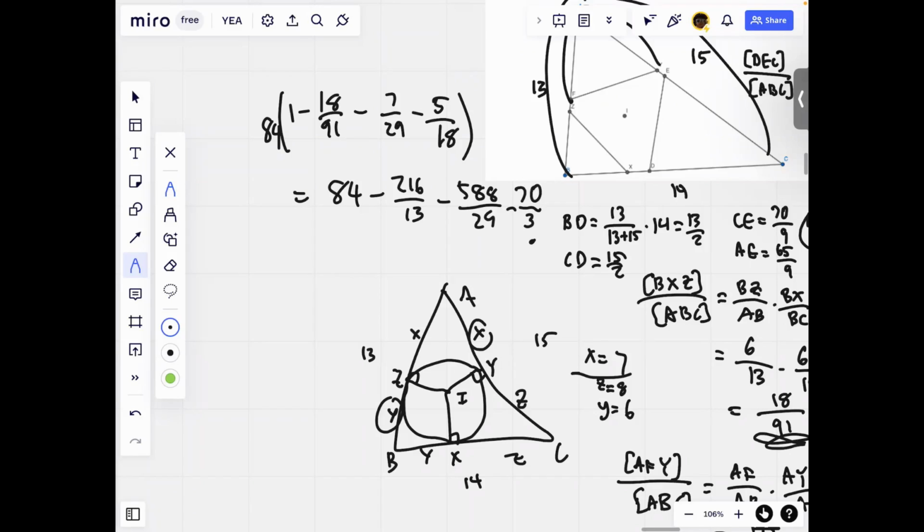So if we calculate this, we get 26890 over 113. So that's the answer.